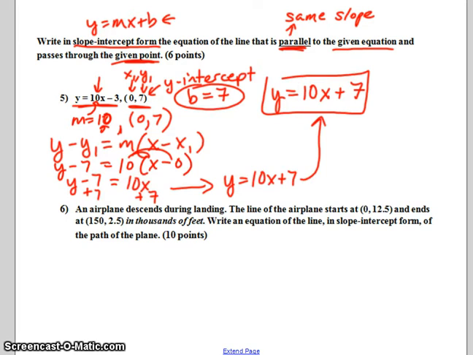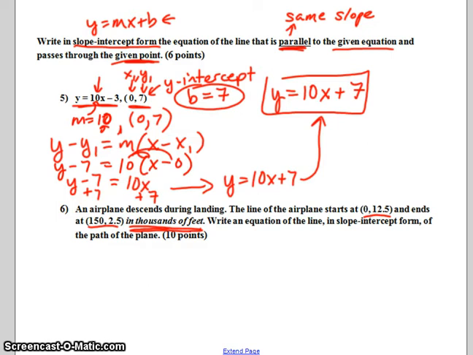Number 6, okay, you have a word problem here that says an airplane descends during a landing. The line of the airplane starts at 0, 12.5 and ends at 150, 2.5 in thousands of feet. Now, this is good to know if you're calculating, but we're just going to use the numbers they give us.